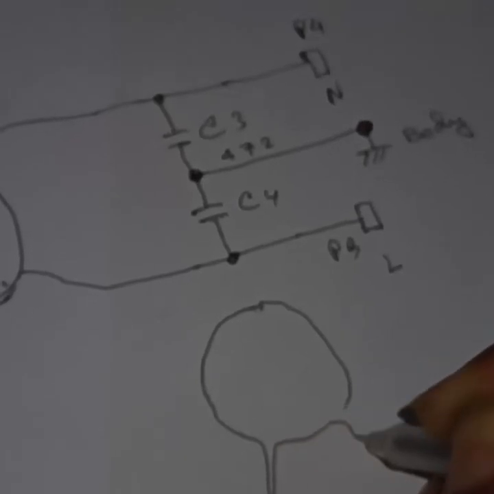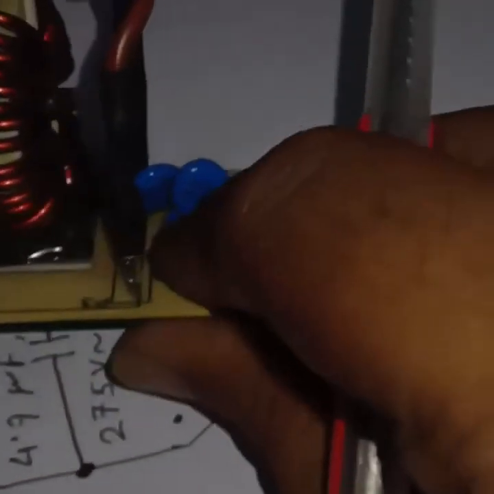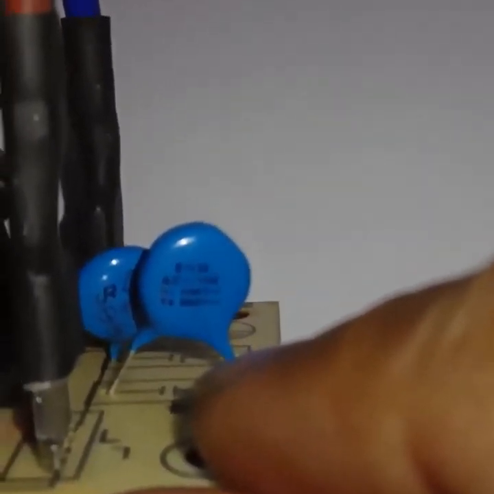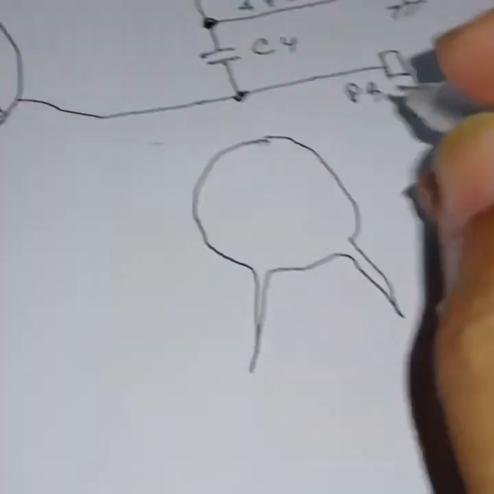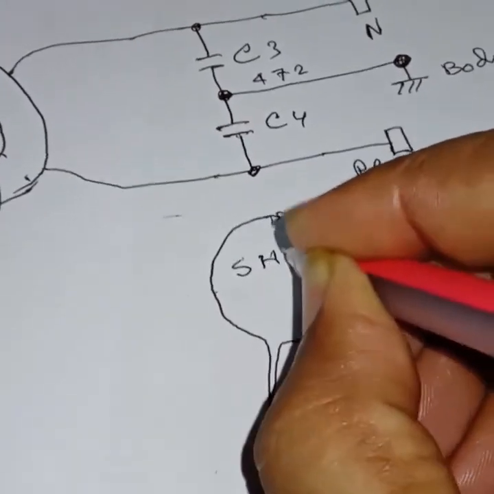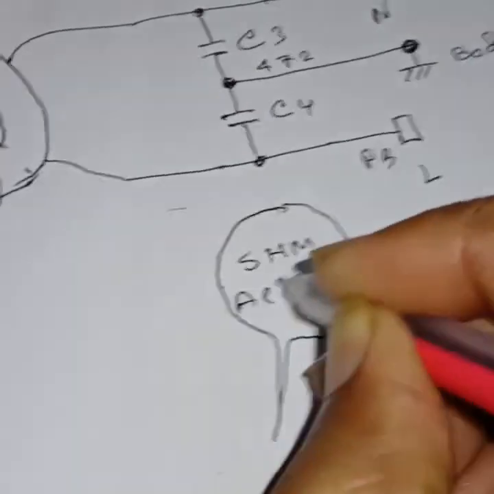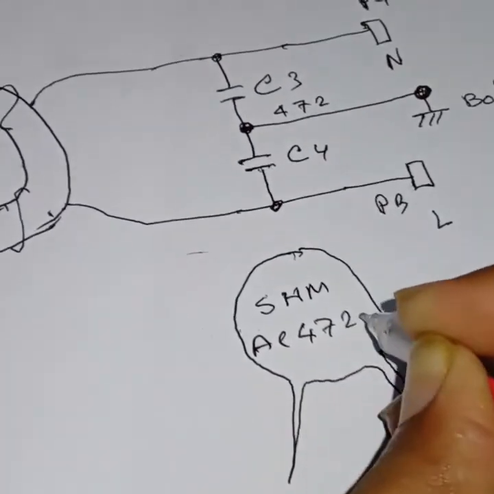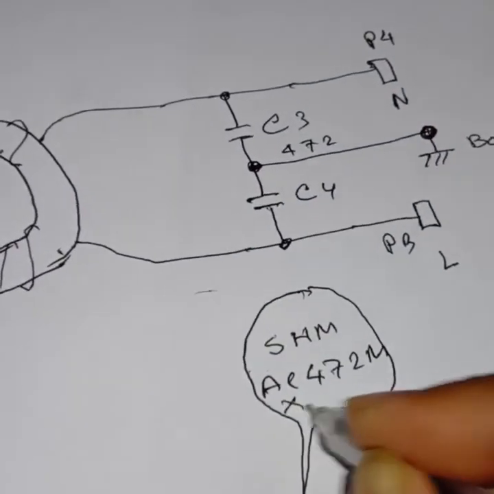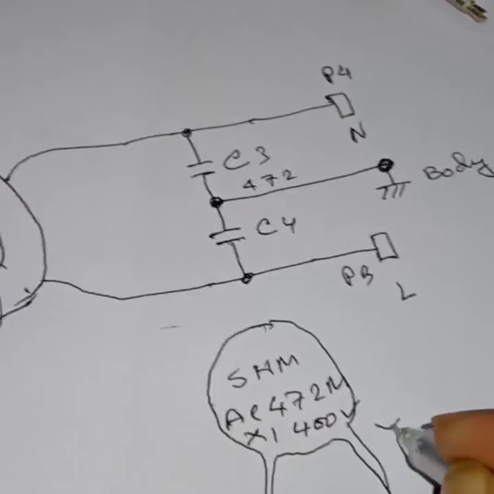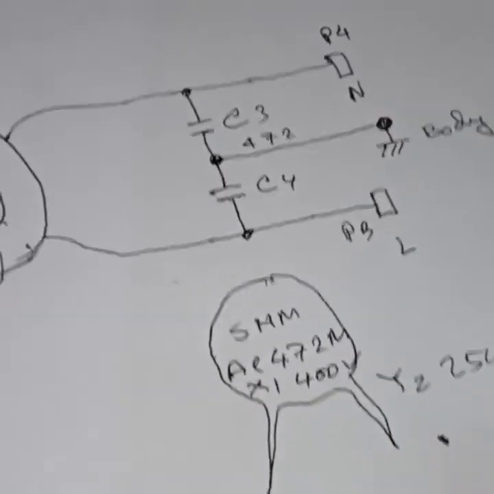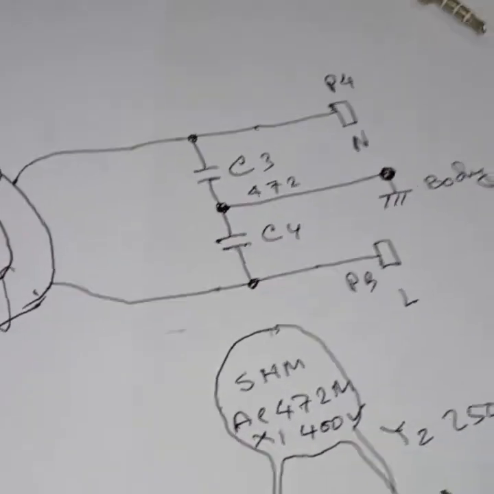Actually, in this capacitor, values are like this. It is written, full information is like this: SHM, SC, 472M, X1, volt and Y2, 250 volt AC.